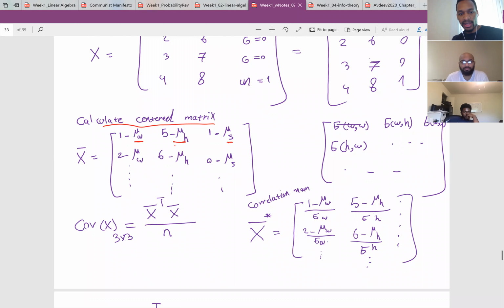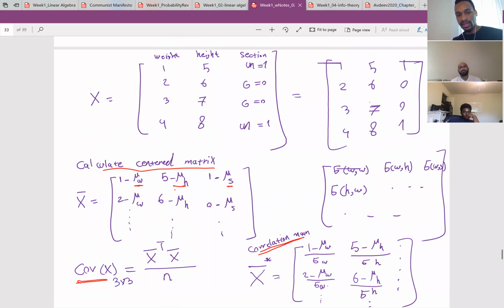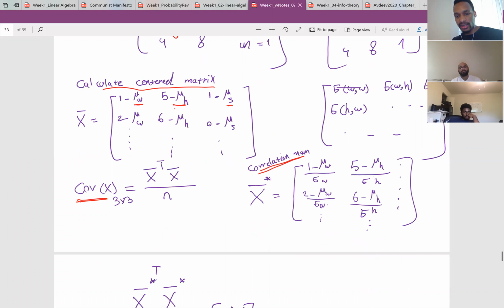Then you can get a covariance matrix by computing x bar transpose times x divided by n. And if you want a correlation matrix, you can do the same thing, so this is x bar star, but with the caveat that you divide by the standard deviation of each of these columns.